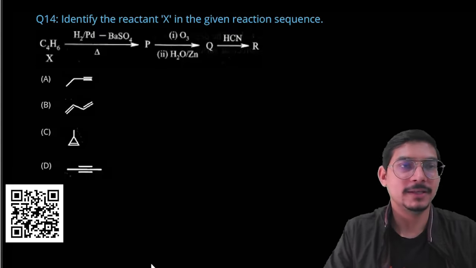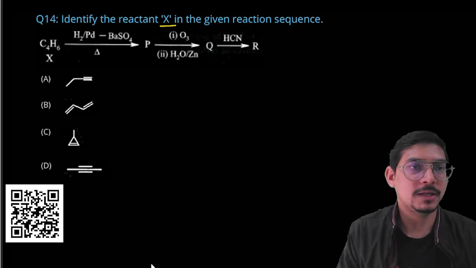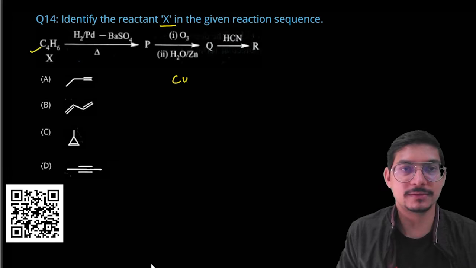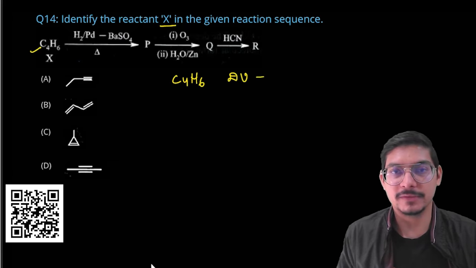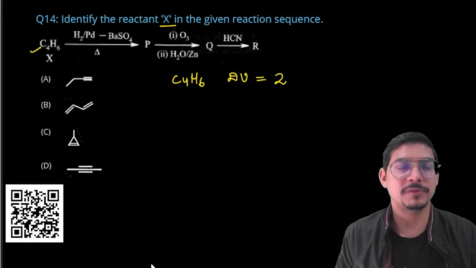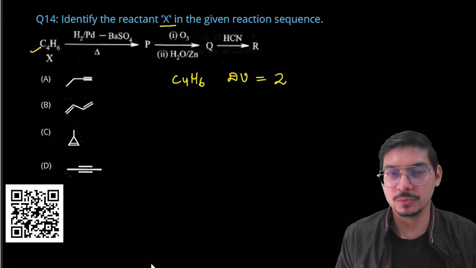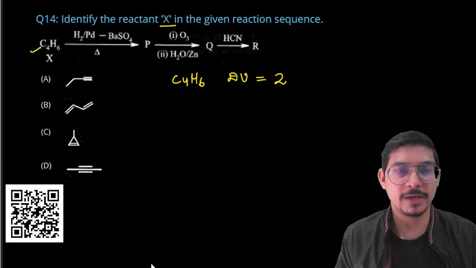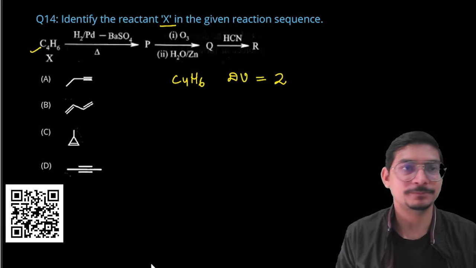Hi everyone. In this reaction sequence, we have to identify the reactant X, which has the molecular formula C4H6. Using this molecular formula, we can deduce that the degree of unsaturation of the compound is 2 because for 4 carbon atoms, we need a maximum of 10 hydrogens. So degree of unsaturation 2 means that either there are 2 pi bonds, or there are 2 rings, or there is 1 pi bond and 1 ring.